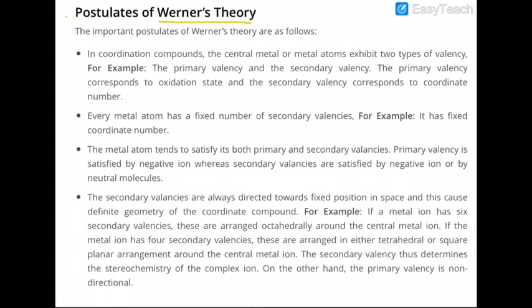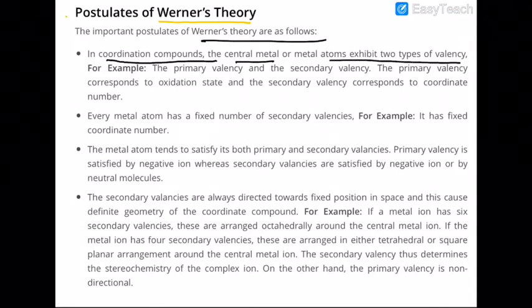Okay, so what are the postulates? In the coordination compound, the important postulates of Werner theory of complex are as follows. In the coordination compound, the central metal atom exhibits two types of valencies. One is called primary valencies, which are ionizable outside the sphere, and second is the secondary valencies.